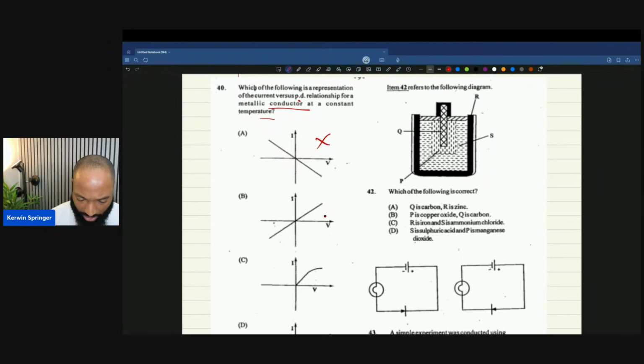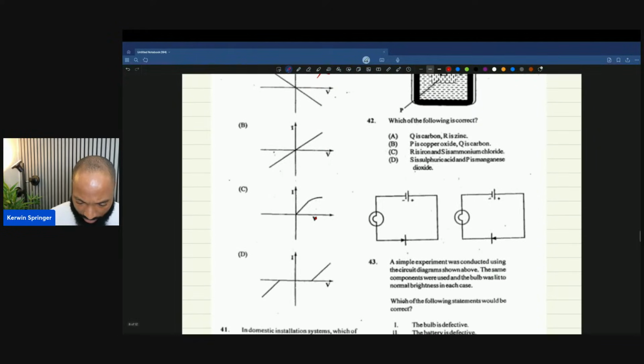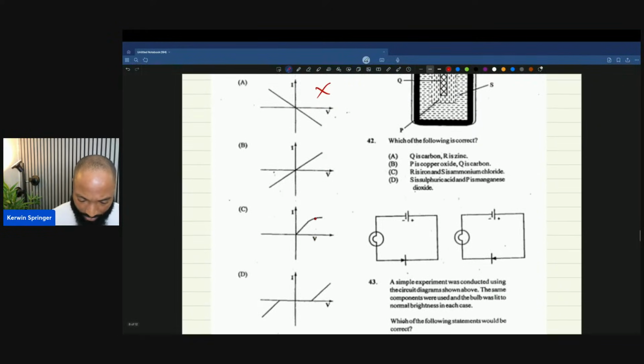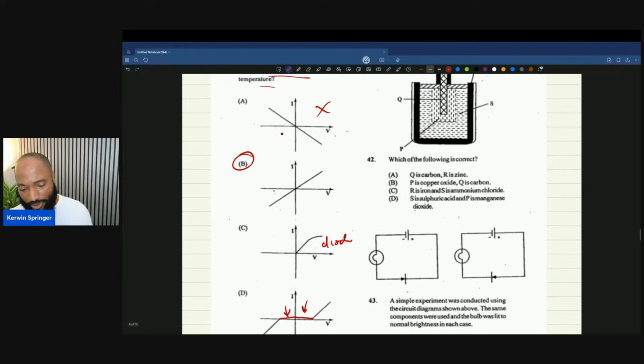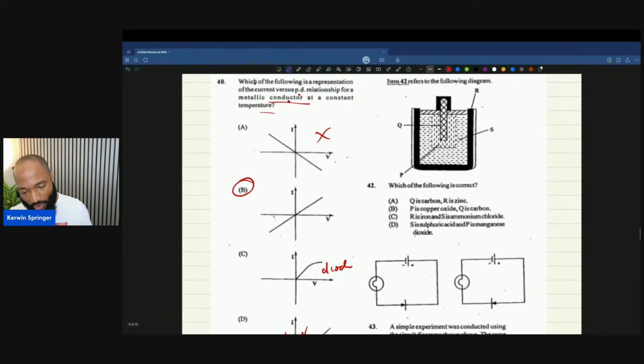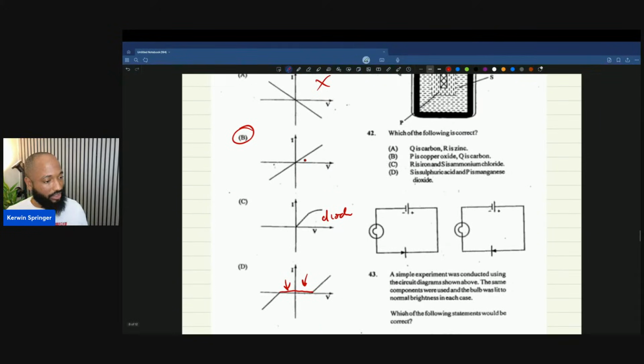Voltage now. Why does it have some resistance before it starts? Why this looking like a diode? Let's just go with B now, because this is like an ohmic conductor, right? A metallic conductor at a constant temperature.